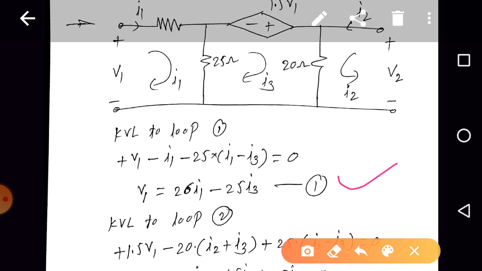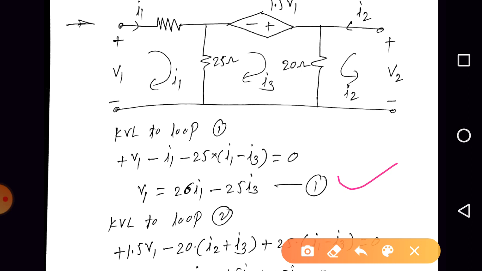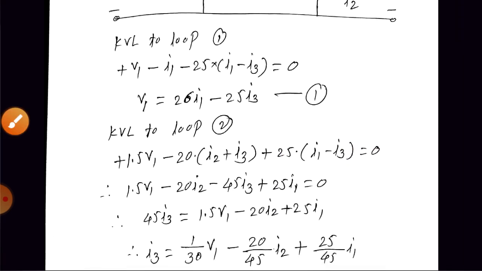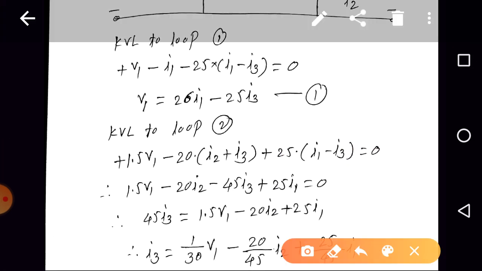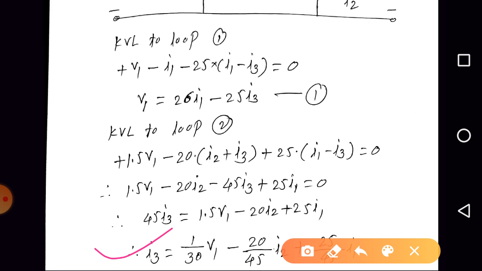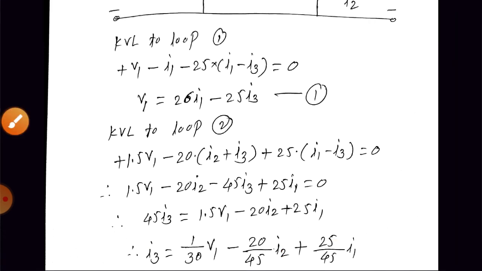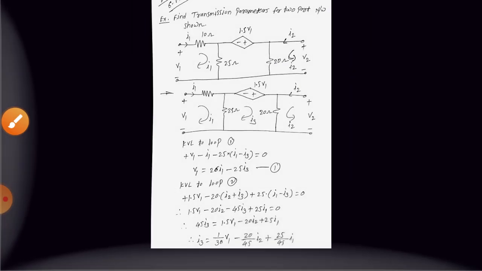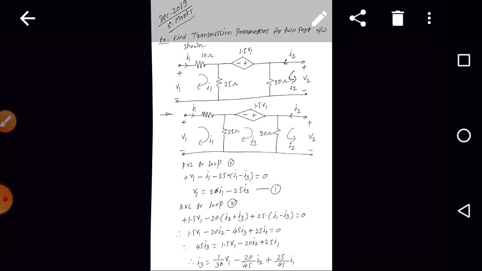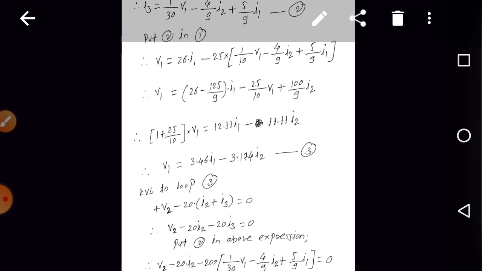Can we apply KVL to the second loop? Yes: 1.5 V1 minus 20 into (I2 plus I3) plus 25 into (I1 minus I3) is equal to 0. After rearranging the terms, we can write an expression for I3 in terms of V1, I2 and I1. Next, put this I3 in equation 1.